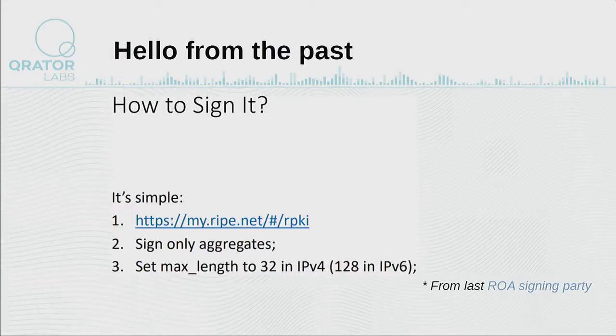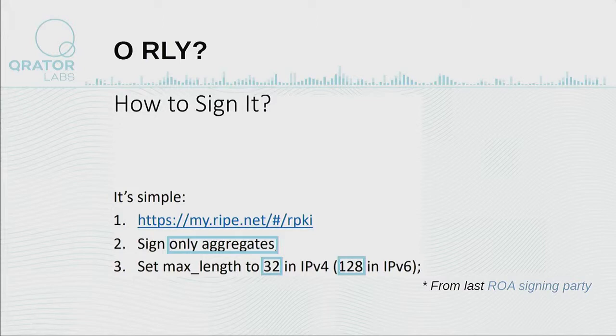And it's interesting, it's not the first ROA signing party, and the last signing party took place at the NANOG session. And you can see some problems on this slide, and in the suggestions that were made. Actually, these particular ones. They suggest to use max length.